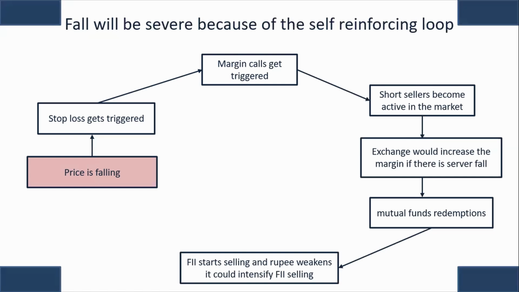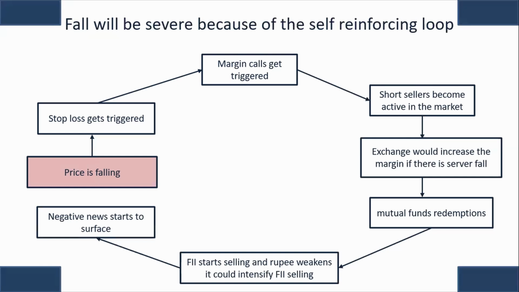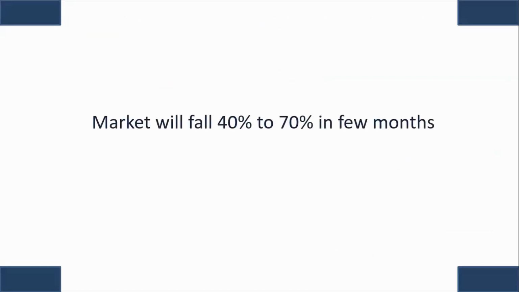And if the rupee gets weakened, FII will start selling more because they want to quickly come out of the losses. And then negative news will start surfacing as to why the market is falling and what is wrong and so on. So all this will start feeding into the price fall. And remember, there are not many buyers left in the market and professional money has withdrawn. So the market will fall big, and the market will fall 40 to 70% in a few months.